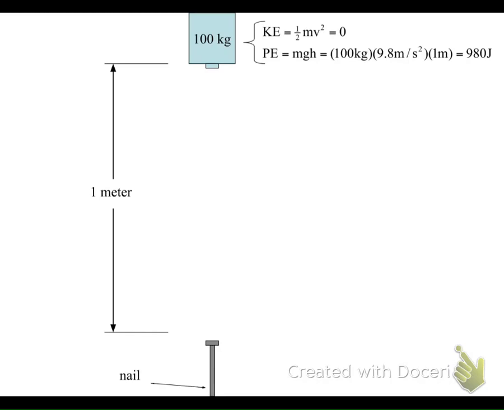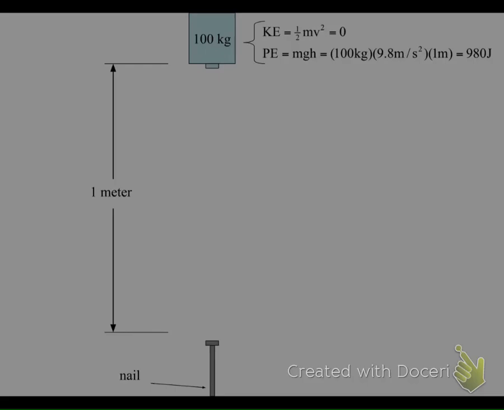Now, we can transform. You do not need to write this down. If we take a sledgehammer that has a mass of 100 kilograms, it will have 980 joules of potential energy. If you're holding it up there, it has 0 joules of kinetic energy.